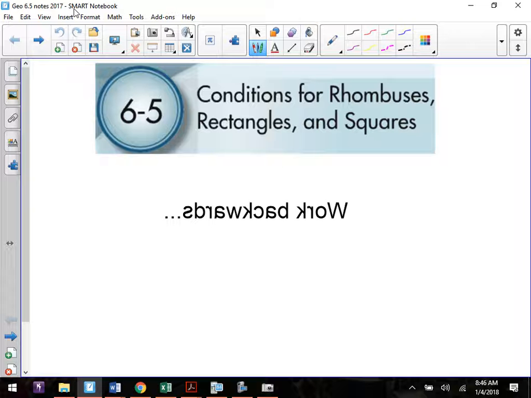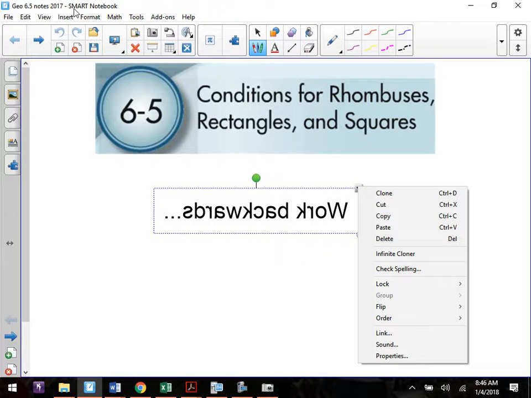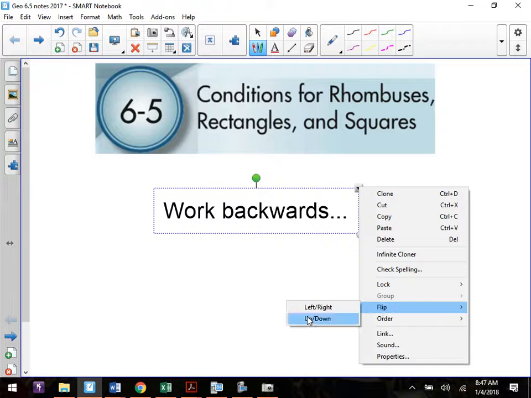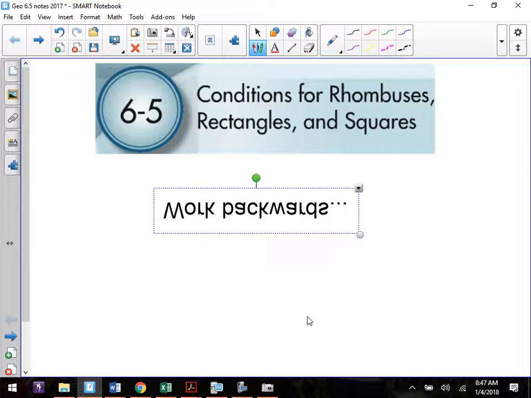Oh. Magic. I just pressed a couple of buttons. Huh? You didn't know you can do stuff with this? Flip it upside down.